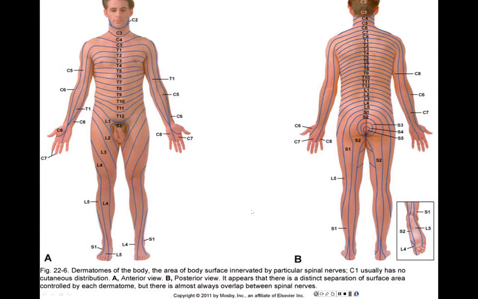But you can see C2, C3, C4, etc., all the way down to the lumbar and sacral areas. So the more common, lower back type injuries are the L1 through L5. And so those are the things that you might most commonly see, and also like cervical radiculopathy.